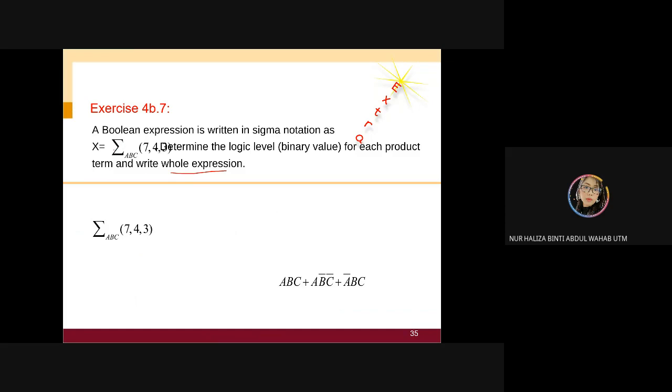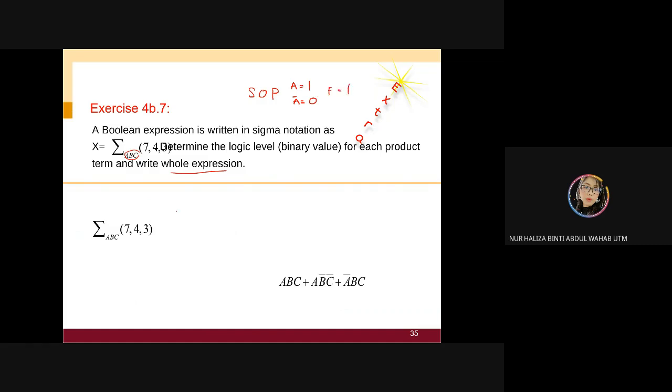Let's do it. So sigma, you can see you have A, B, C. Sigma, you know it is a Boolean SOP. For SOP, directly you write down first: A equal to 1, A bar equal to 0, F will be 1.